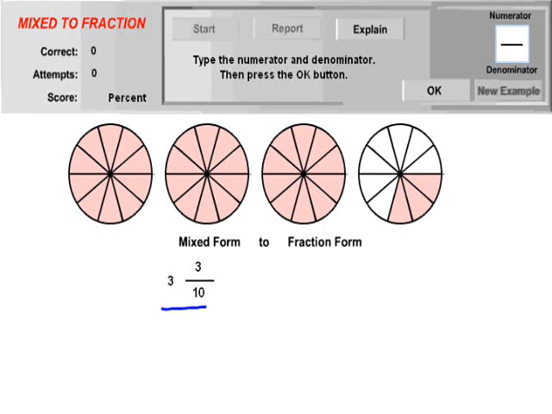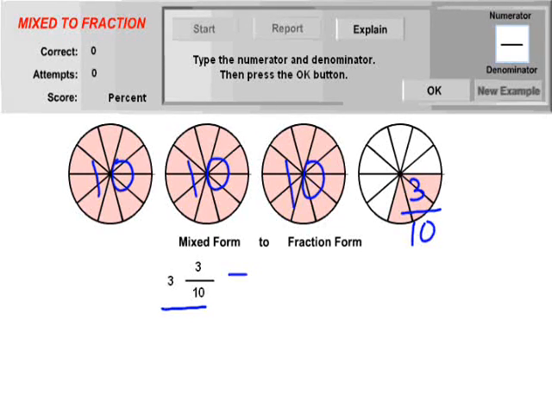To understand how to change this to an improper fraction, well, there are 10 shaded pieces of the first circle, 10 shaded pieces of the second circle, 10 shaded pieces of the third circle, and 3 out of the 10 pieces of the fourth circle are shaded.